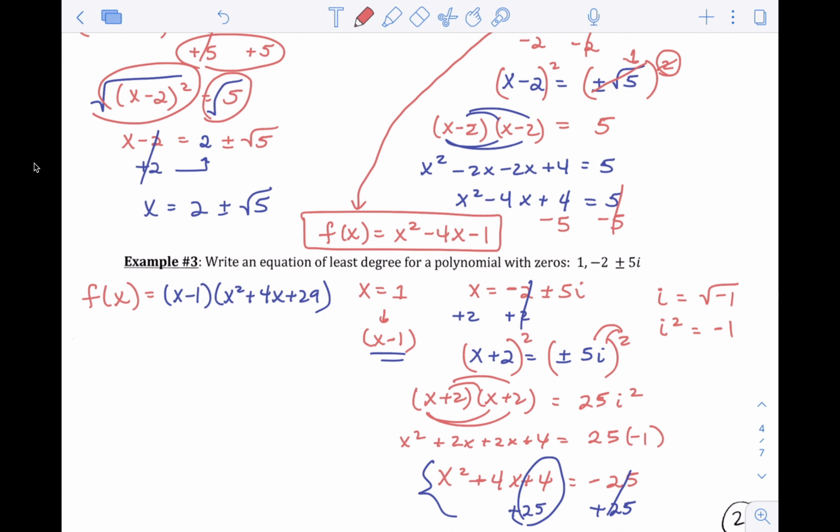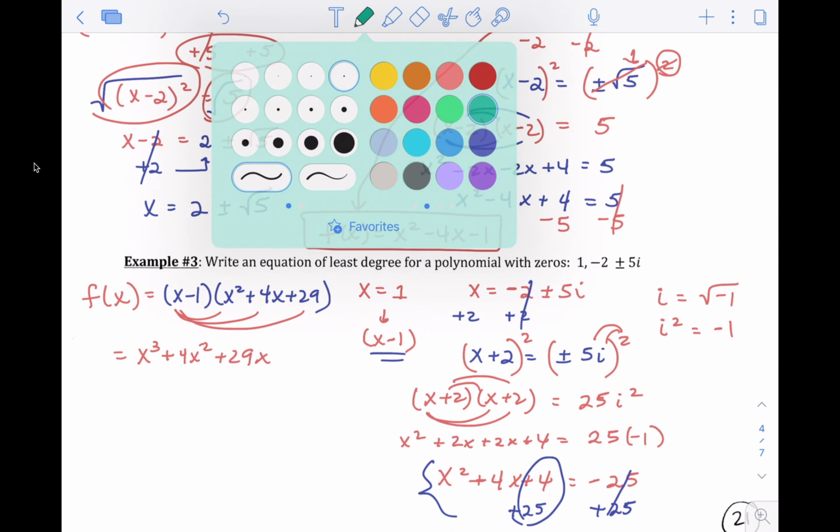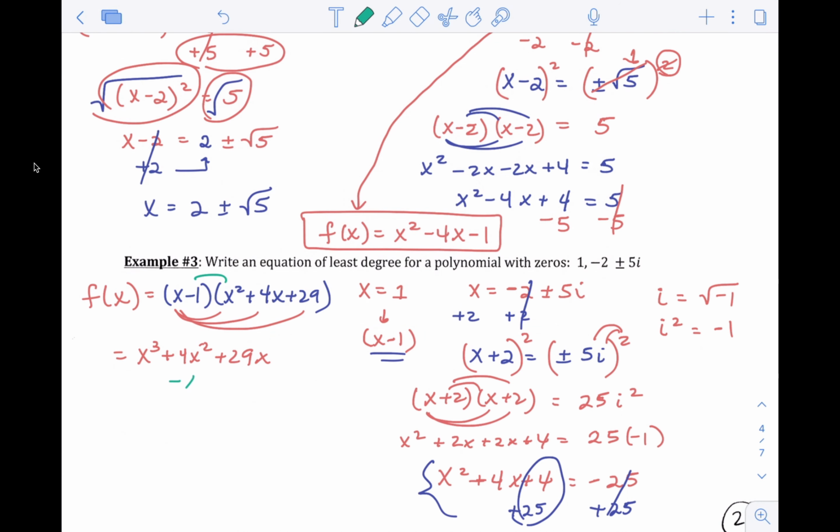Let's do that quickly. So we've got x cubed plus 4x squared plus 29x minus x squared minus 4x minus 29.